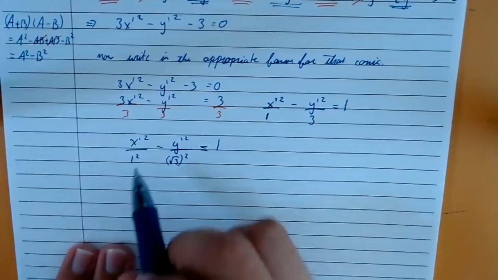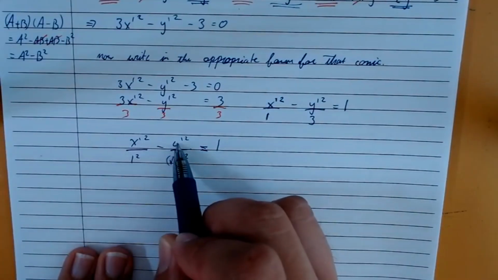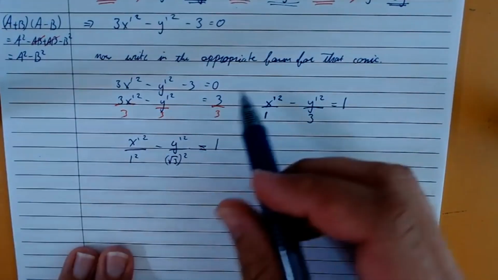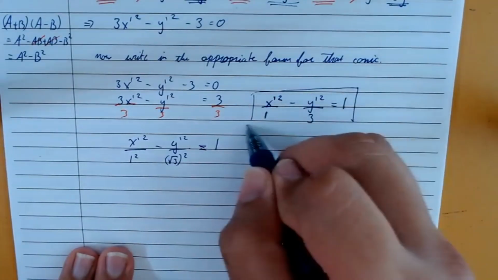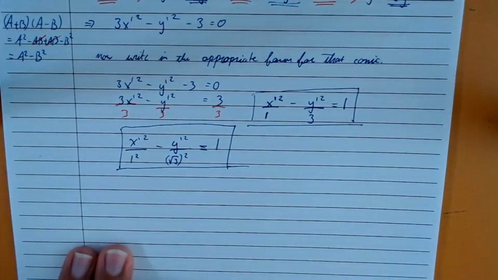And that way it really looks like x prime squared over a squared minus y prime squared over b squared equals 1. Either way, this would be an appropriate standard form, as would this. Either one would be fine. They mean the same thing.